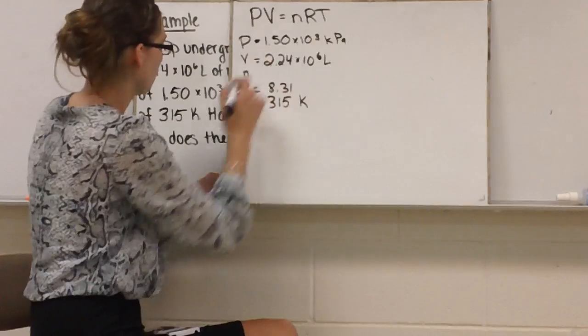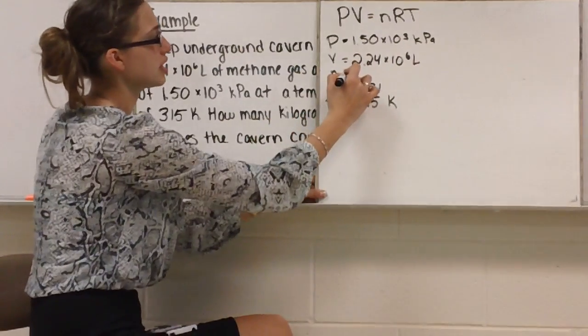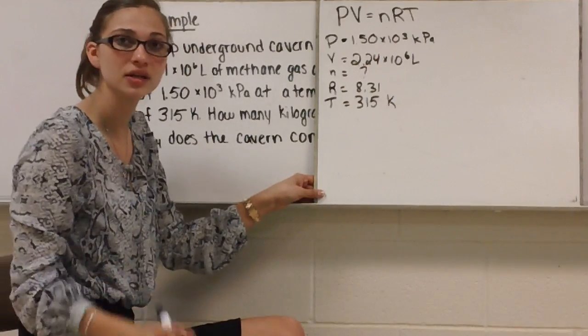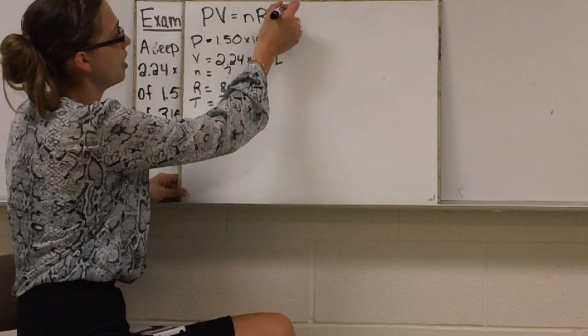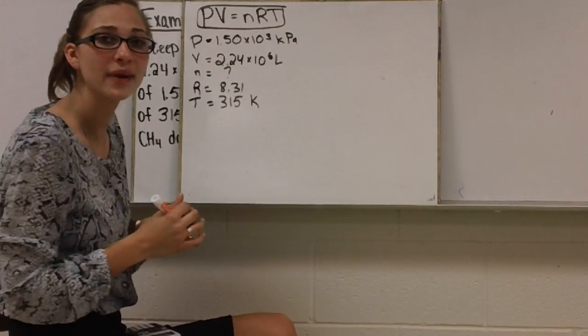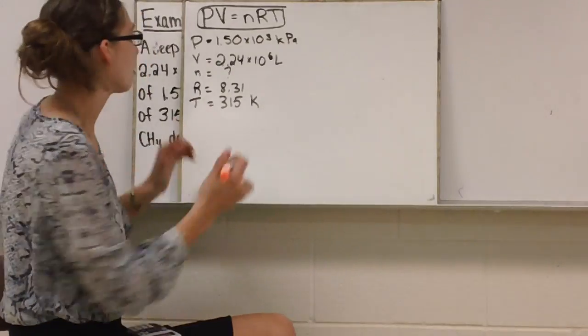And then what we're solving for here is how many kilograms. Well, the only thing that we can really solve for here is moles, but then we can use our moles to convert to kilograms, like we've been doing in previous units. So let's set up our equation first. Like we've always done in the past, we want to rearrange our equation so we're solving for what we're actually looking for.